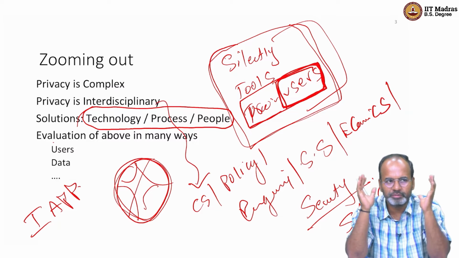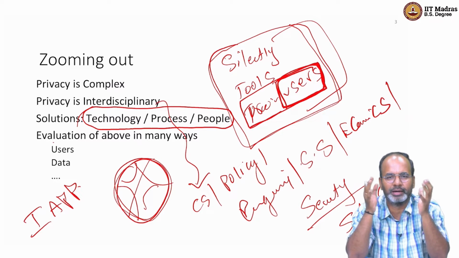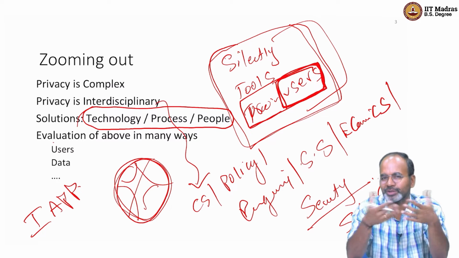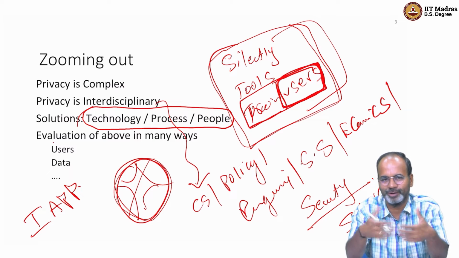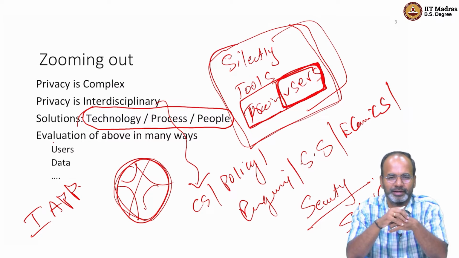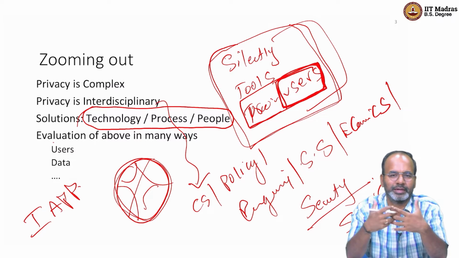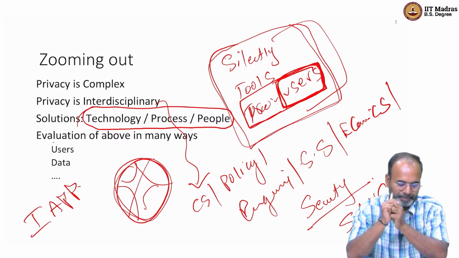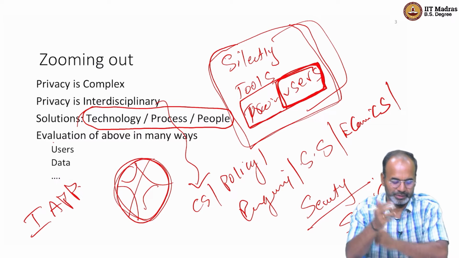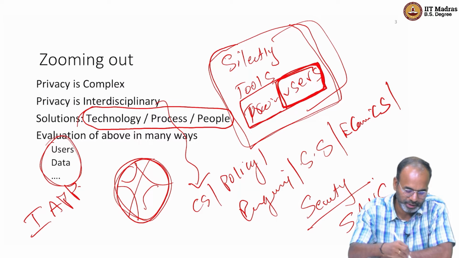So some of the things that we have been talking about until now, you can think of as the technology side, because that's what we are all trained on. We're computer scientists, computer science or engineering people, right? But we need to look at other sides of solving the problem also, process or people. So one of the ways to look at it is, can you actually study the users?